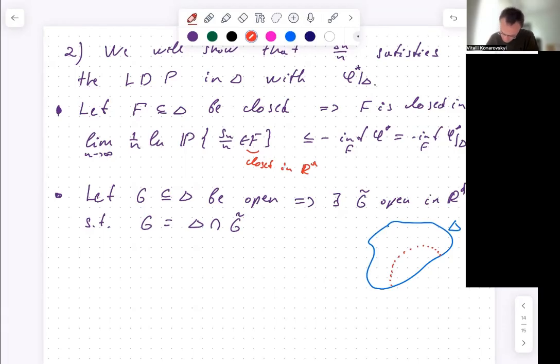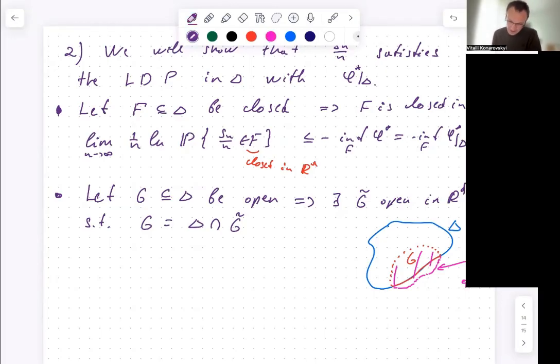Of course, this set G is open in delta, but G is not open in R^d. So you can take a little bit more and define that everything as G tilde. Then G tilde is open in R^d, and when you intersect G tilde with the closed set delta, you will get the set G itself.